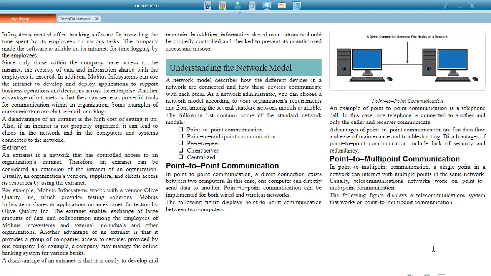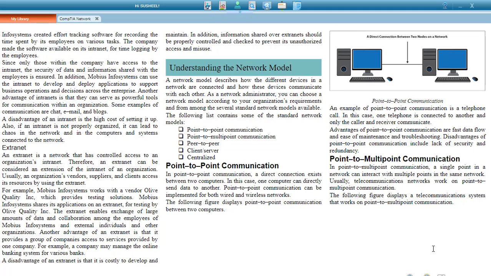For example, Mobius Infosystems works with a vendor Olive Quality Inc., which provides testing solutions. Mobius Infosystems shares its applications on an extranet, for testing by Olive Quality Inc. The extranet enables exchange of large amounts of data and collaboration among the employees of Mobius Infosystems and external individuals and other organizations.